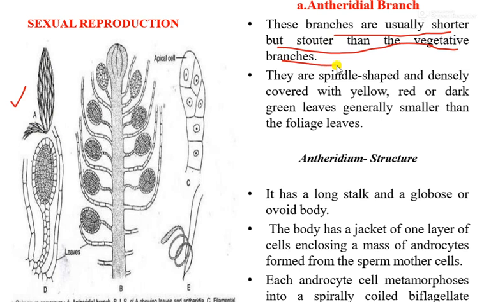Compared to the vegetative branch, this antheridial branch is short and also stout. What is the shape of this branch? It is spindle shaped, and it is densely covered with different kinds of colored leaves like yellow, red or dark green. The leaves are smaller than the foliage leaves. Clear? This is the antheridial branch.